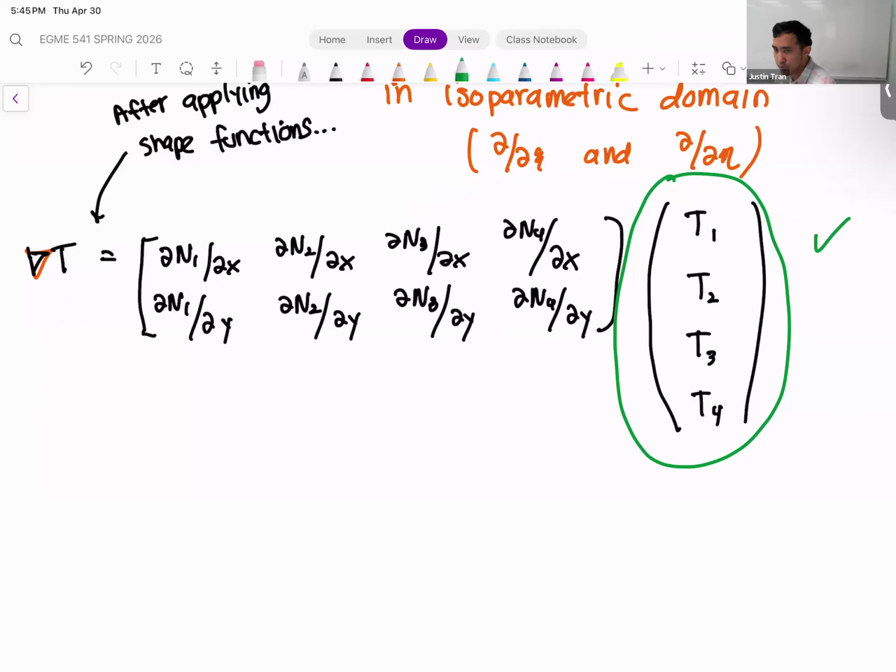The issue is with everything in here, because these are derivatives in space. So we need to plug in an expression that has shape function derivatives in the isoparametric domain.